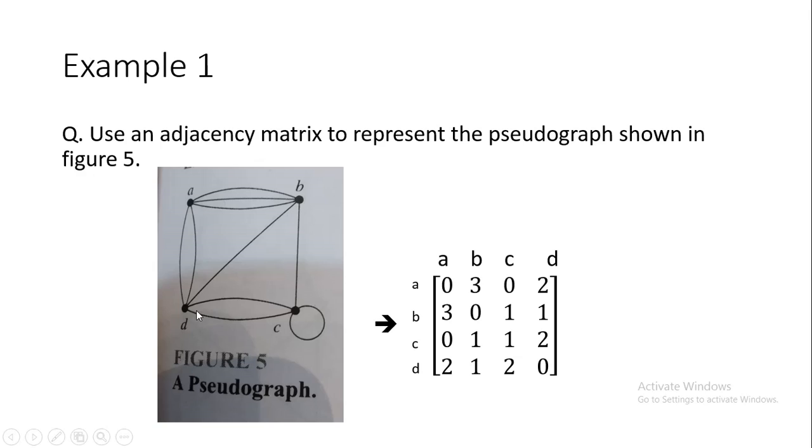From A to C, there are no edges present, that's why the value is 0. A to D, there are two edges present, so the value is 2.